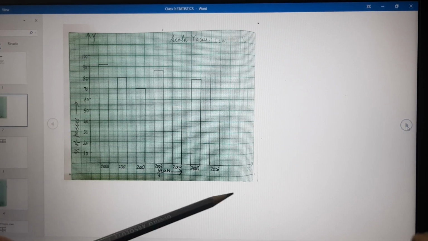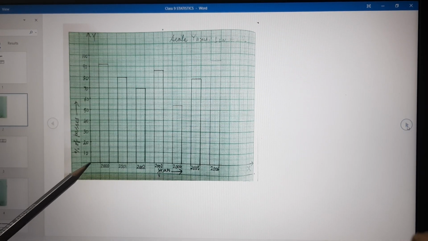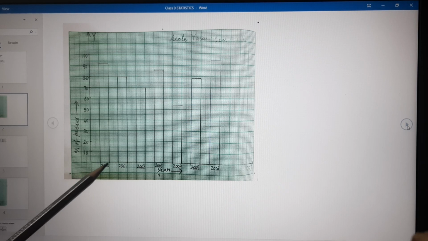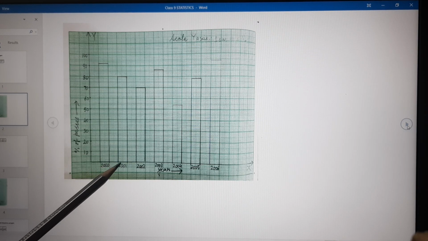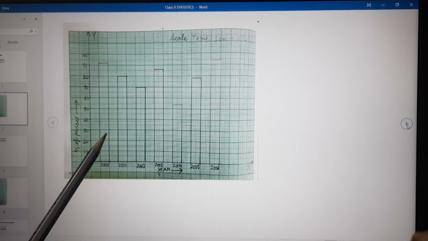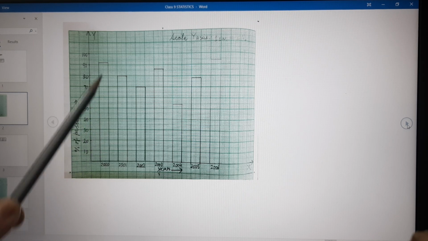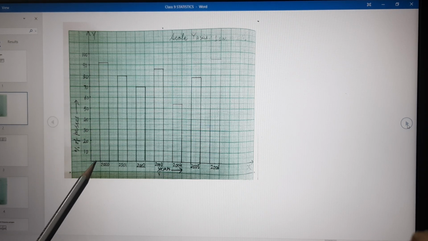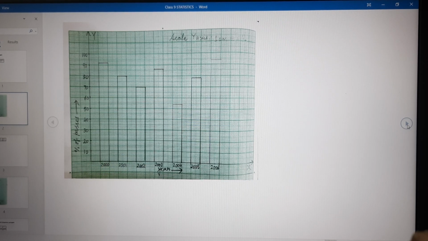Fine. On the y-axis, I have left one block, then 2000, then I have skipped one block, then 2001. You have to remember that the width of these rectangles, these bars, should be equal. Are you getting it? And the gap should also be uniform.